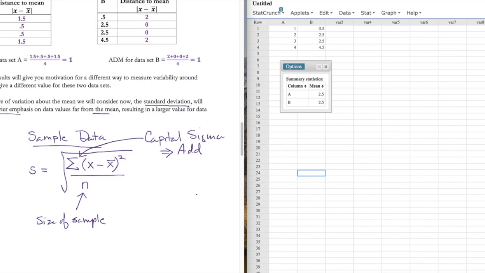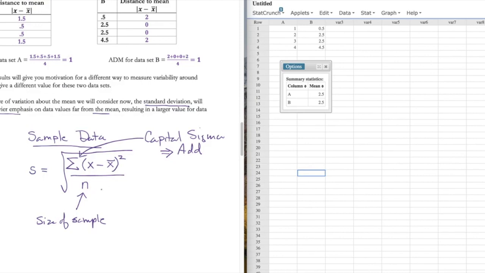Now, we actually don't stop there though. If you stop there, it turns out that the standard deviation comes out all the time a little bit too small, and that makes it biased. If you're always wrong in the same way, then that is exactly our definition of bias. So to make this value a little bigger, to better represent the standard deviation of the population it came from, we make this denominator a little bit smaller.